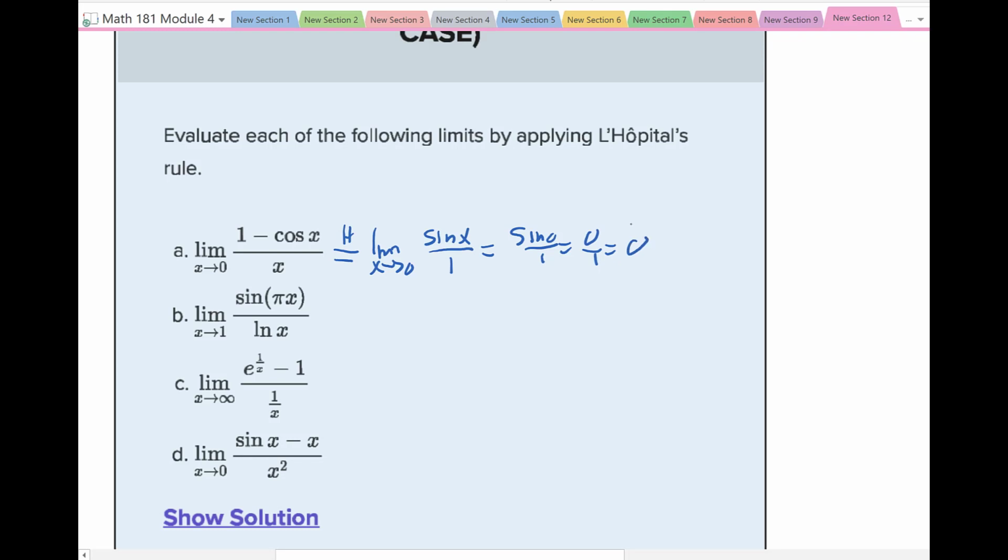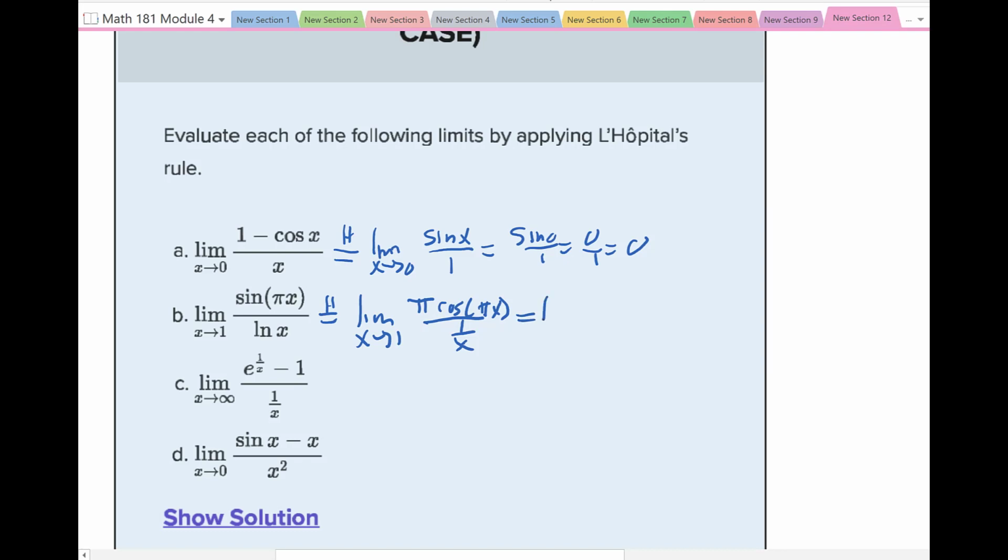Next one, we have limit as x approaches 1 of sine of pi x over natural log of x. As you put that 1 in there for x, you end up with sine of pi, which is 0, over natural log of 1, which is 0. So again we apply L'Hopital's rule, and we have the limit as x approaches 1 of pi times cosine of pi x over 1 over x. So what's that going to be?